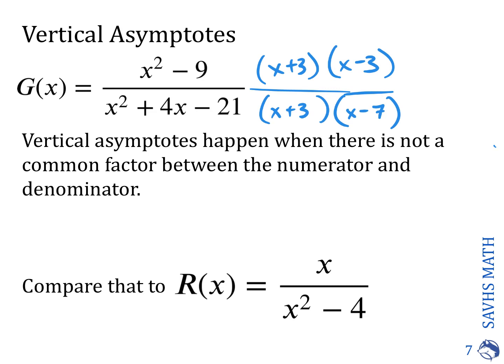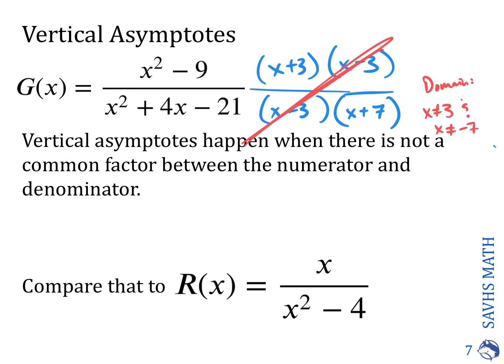No, that's not right. I'm sorry. This should be a minus 3, and this should be a plus 7. Okay, but what I see here is that these two cancel. Remember when I said you can't just cancel stuff and get rid of the domain restrictions, right? So the domain of the function is actually x can't be 3 and x can't be -7.